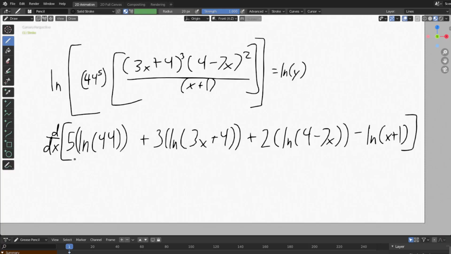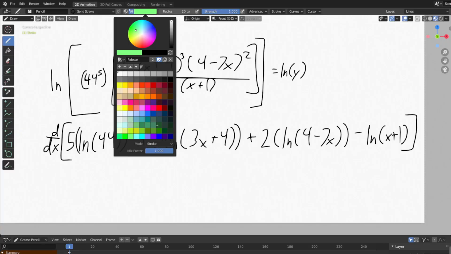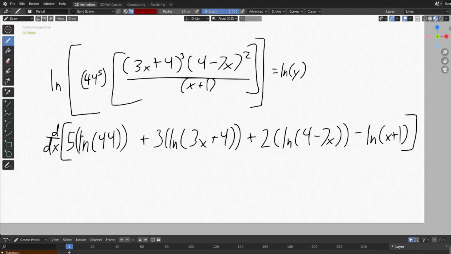So this is 5 times, well, this is a constant, so this is 0. So we can move on to this thing. I'm just gonna cross that out in my signature dark red color.